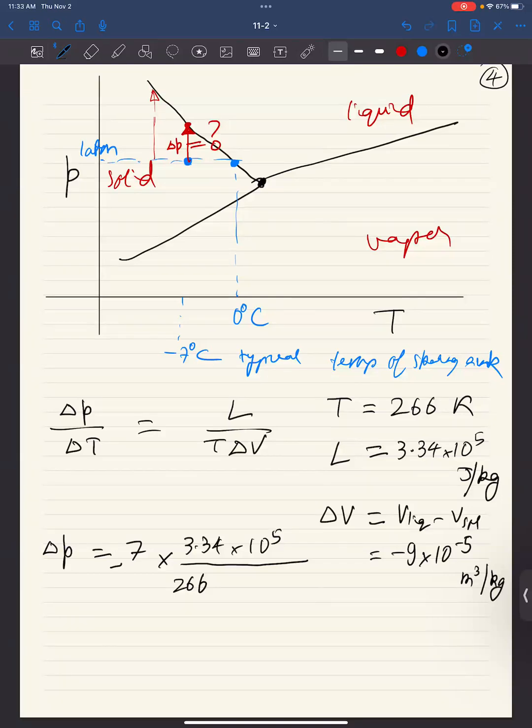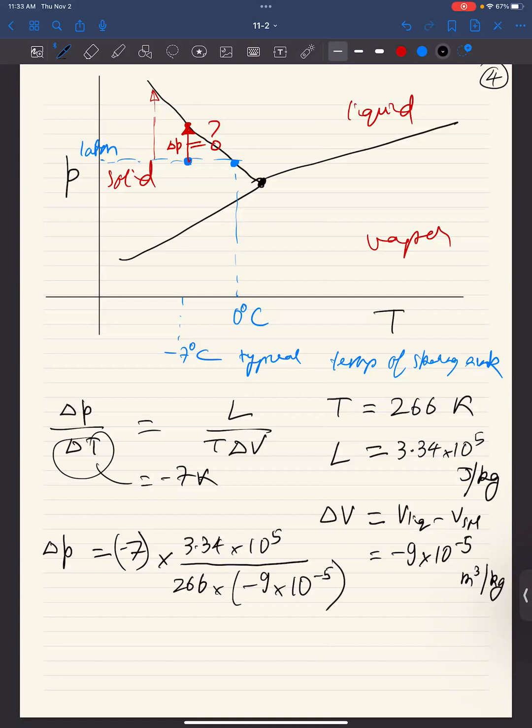Where's the 7? That's delta T. Oh, I see. But delta T is also negative, so negative, negative cancel out. We have to be careful. It's good that you asked. So delta T is equal to -7 Kelvin. And in the denominator, we have 266, which is the temperature, multiplied by delta V, that is -9 times 10 to the power -5, right?